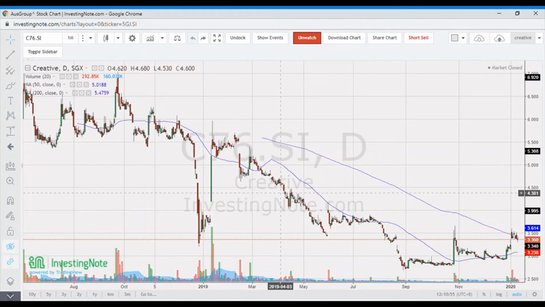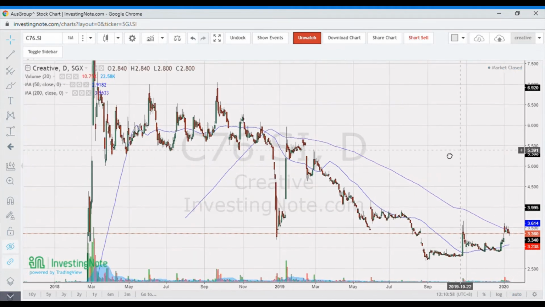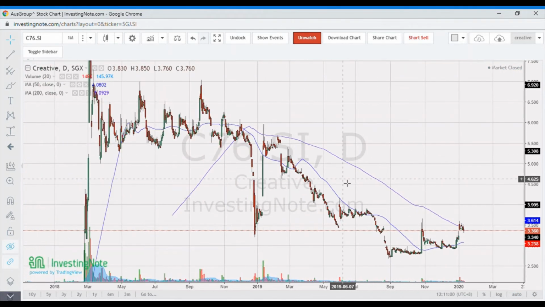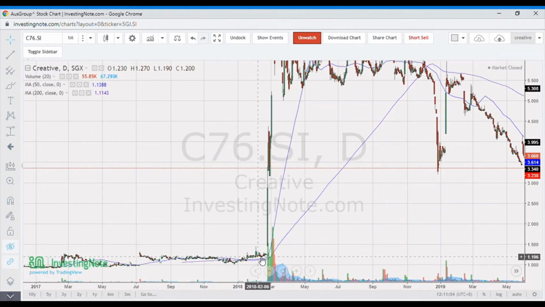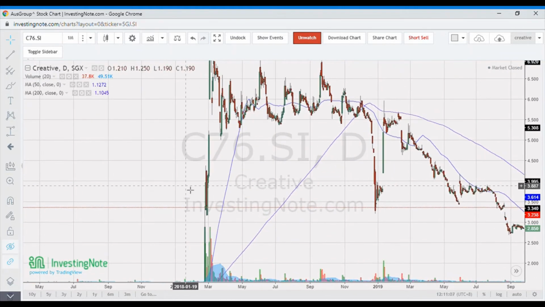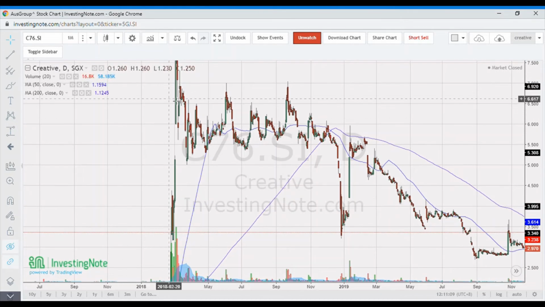So this counter I'm looking at is Creative. I think 1 year ago, back here, I bought it sometime down here, and then I traded it to the highs within that short 2-3 weeks. I actually made some money.